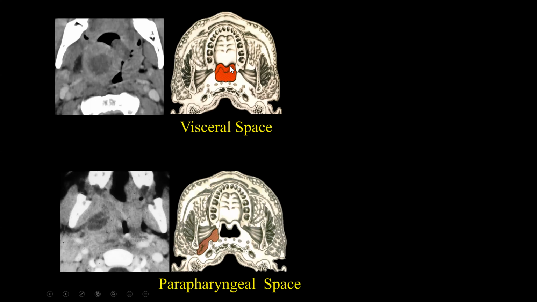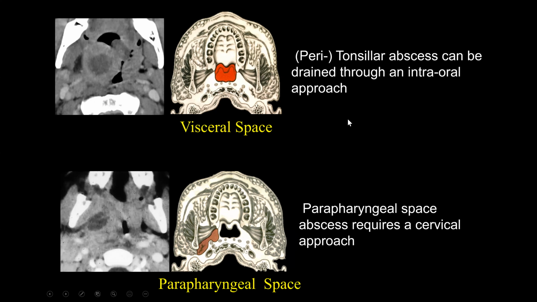So on the top, this is an abscess that involves the visceral space in the tonsil, and this abscess is involving the parapharyngeal space. So why is it important to properly identify where this fluid collection is? That is because a peritonsillar abscess can be drained through an intraoral approach, whereas a parapharyngeal space abscess, as is seen here, requires a cervical approach.